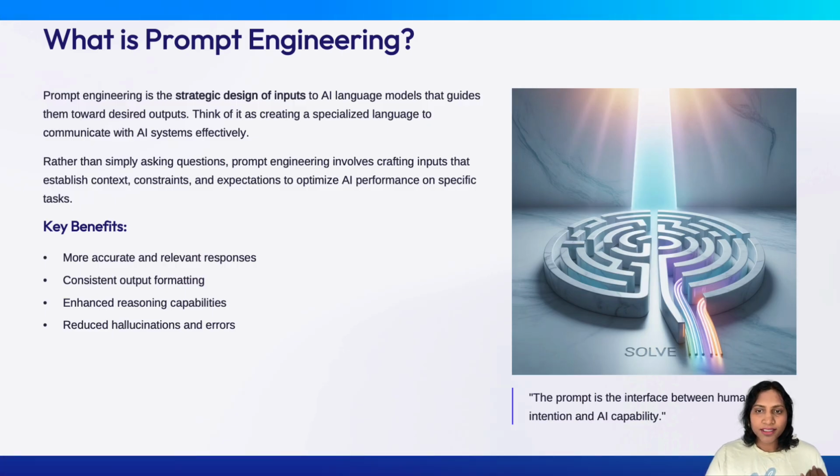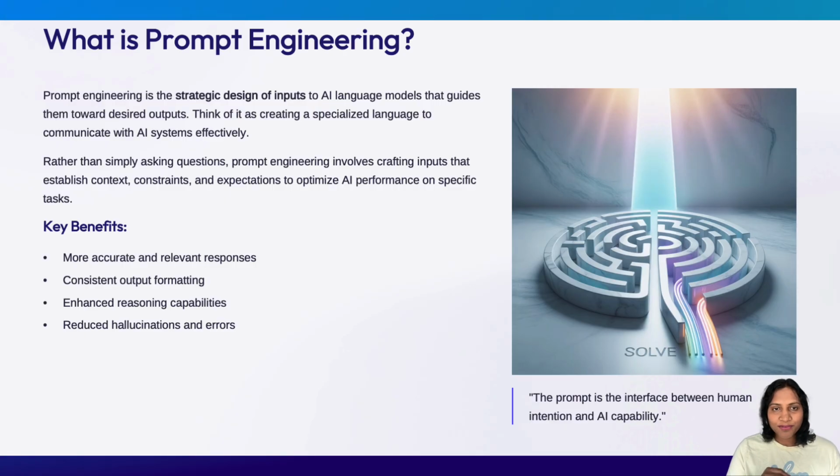Think of the prompt as an interface between human intention and AI capability. It's a way to optimize AI performance on a specific task. So if you look at this visual metaphor, which I have put in the slide, a brain-shaped graphic with a prompt entering one side and multiple optimized solutions emerging from the other, it's exactly the same.